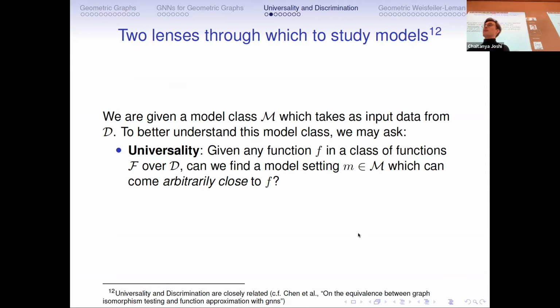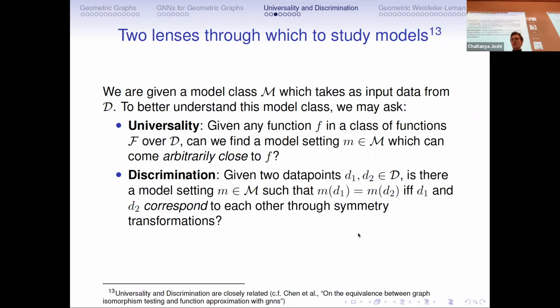There is, however, another lens, which we call the discrimination lens. If universality takes a top-down approach, asking whether of all the possible functions I can get all of them, discrimination in some sense takes a bottom-up approach. It says, if you give me two data points, can I at least tell them apart? Can I say they are the same thing or not? In particular, in the geometric setting, are they the same thing up to rotations or translations or reflections or not?